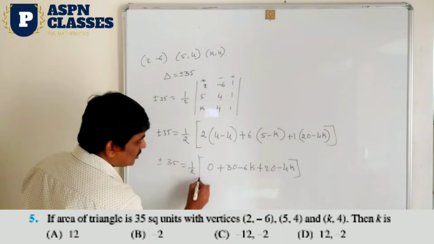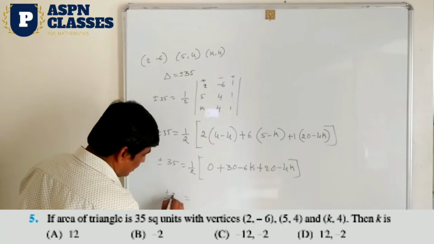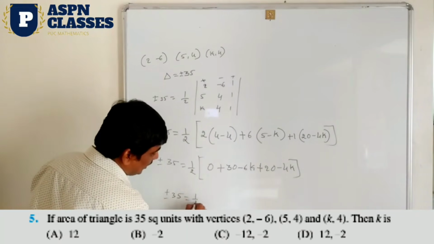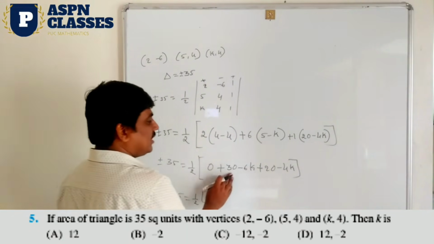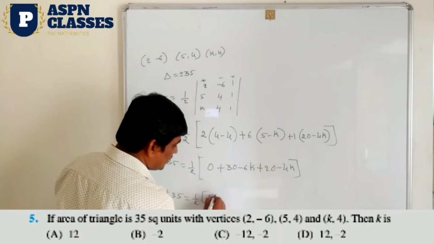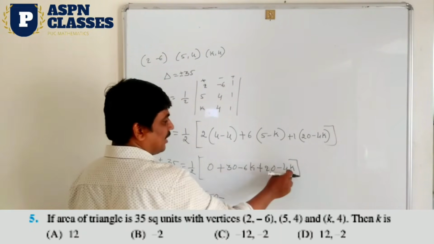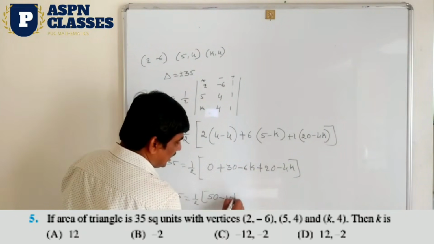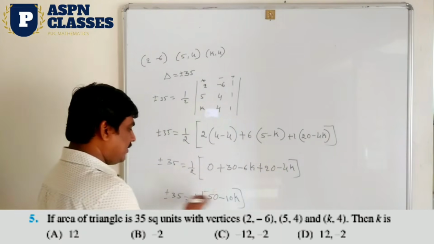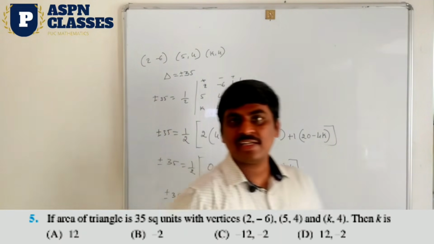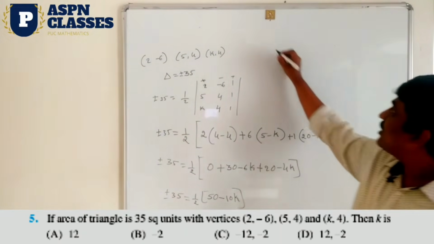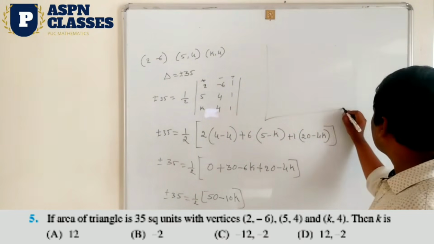Okay, again you may simplify this, 35 equals 1 by 2 into bracket, 30 plus 20, it means 50 is the answer, and minus 6k minus 4k, it means minus 10k. Here you take 10 as a common factor. After taking 10 common, what is remaining, observe.